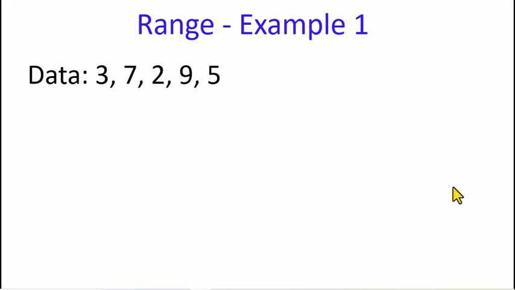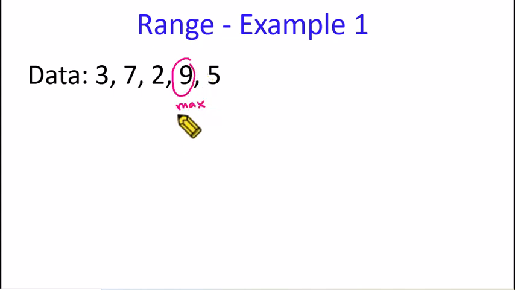Let's look at a couple of examples. So here we have a data set. To find the range, we are going to find the maximum value. The numbers are not in order. So you either want to reorder the numbers from least to greatest, or just quickly look at the data set and find the biggest number. So the biggest number is 9, and that's the maximum.